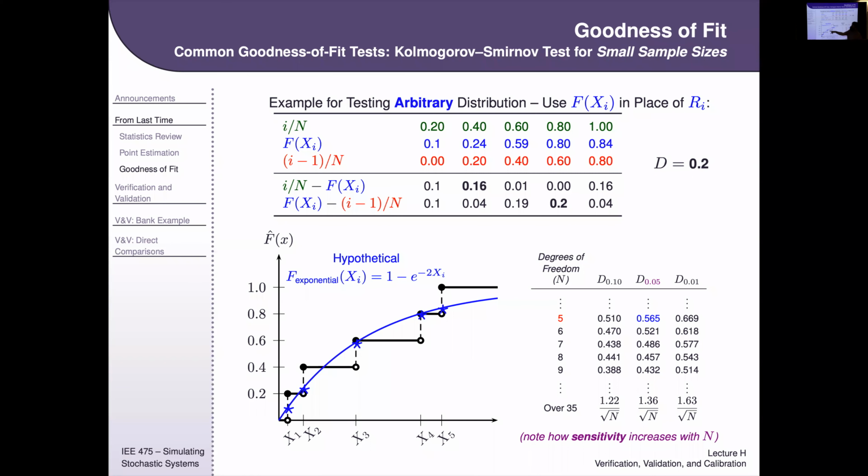So if I plot that not in the CDF space, but in the data space, then what I'm really doing is comparing the sample CDF, which is just the sorted values plotted against their rank, against the hypothetical CDF. And I'm looking to see how far apart they are. And those differences go into my Kolmogorov-Smirnov calculations. But notice the calculations here are identical to the calculations you did before the midterm. Just instead of the data point, it's the data point when it goes through its CDF.